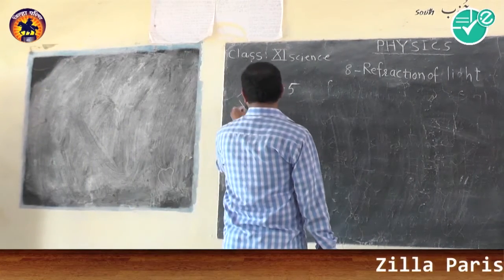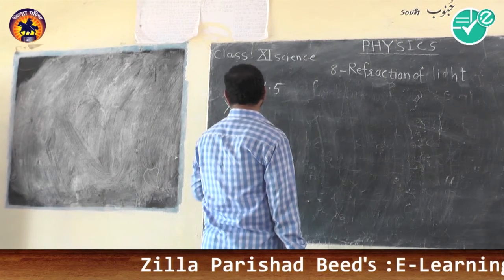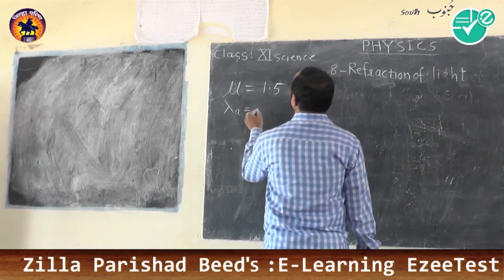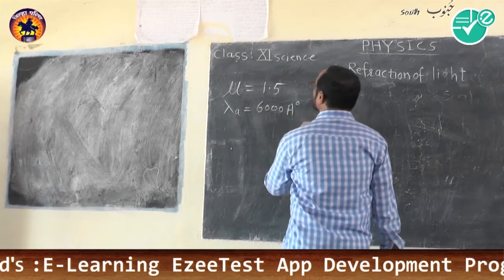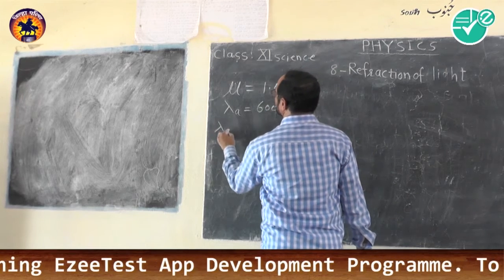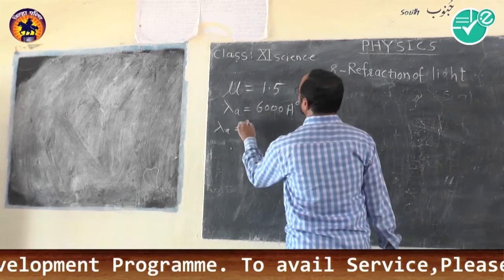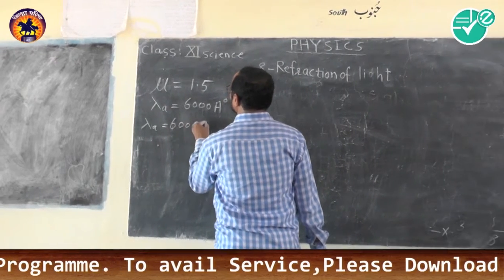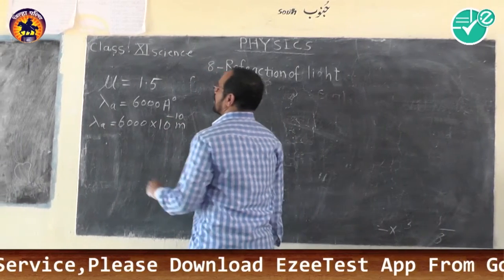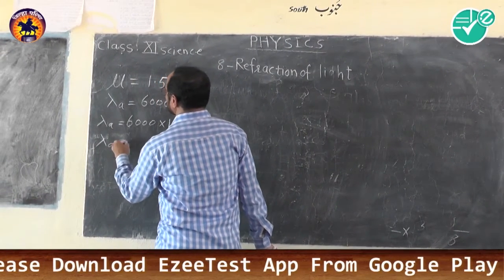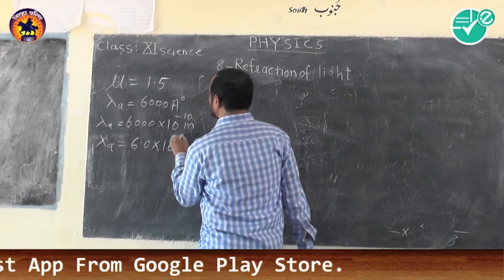Vacuum means lambda A or vacuum. We can write here 6000 angstrom unit. If we write in 10 to the power minus 10, we can write 6000 into 10 to the power minus 10 meter. Or we can simplify it as 6.0 into 10 to the power minus 7 meter.